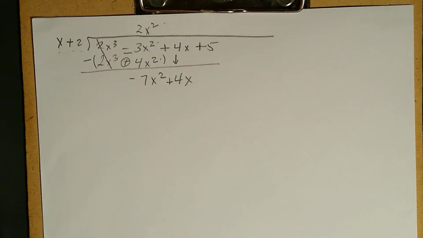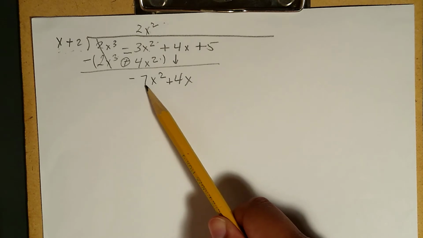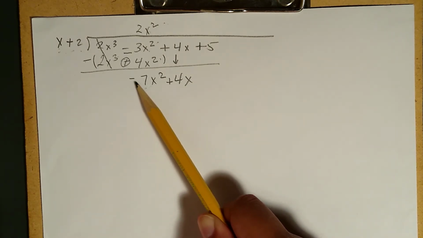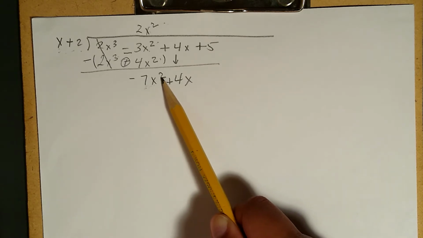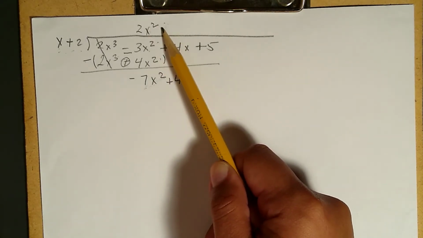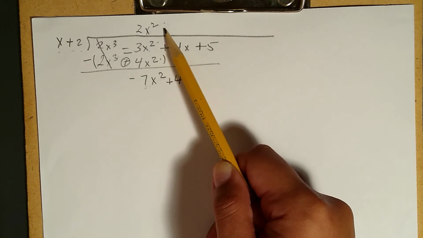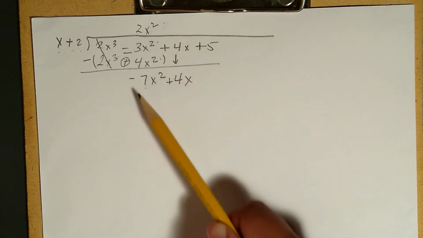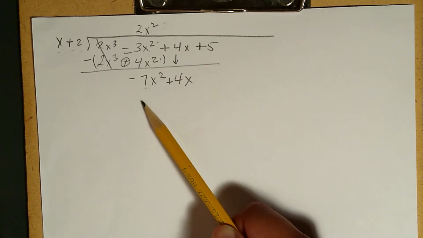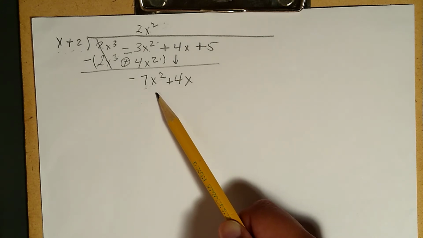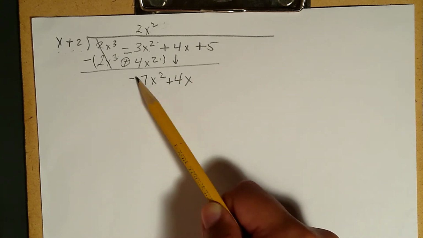So now we need a number that we can subtract to cancel out negative 7x squared. Because if we use the positive, then when we switch the signs, it'll also be negative 7x squared. So what we need is the opposite.